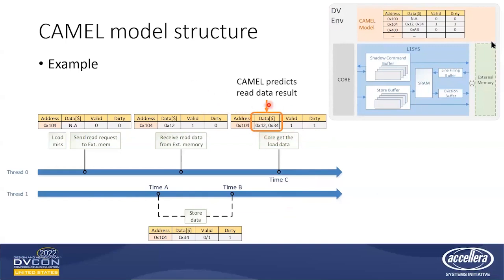If the read data is in this range, the CAMEL model will judge it is correct. In this way, we use this simple CAMEL model to verify the complex L1 design at an acceptable precision.